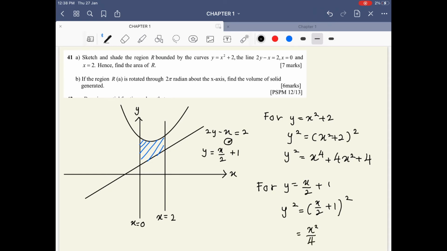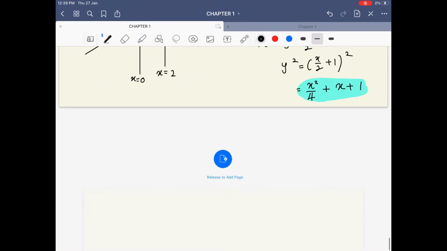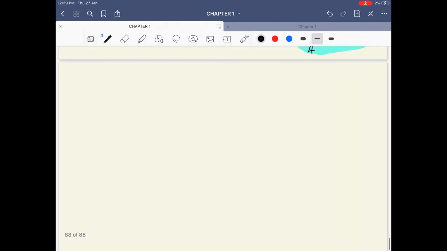Okay, and then we expand that, we get x squared over 4 plus x plus 1. So we have that one and this one. Okay, the curve is above the straight line, so it's the curve minus the straight line.